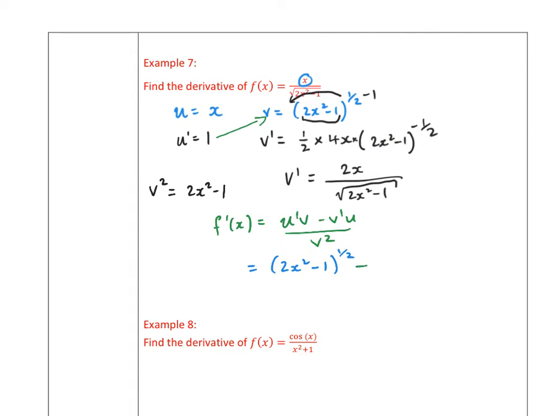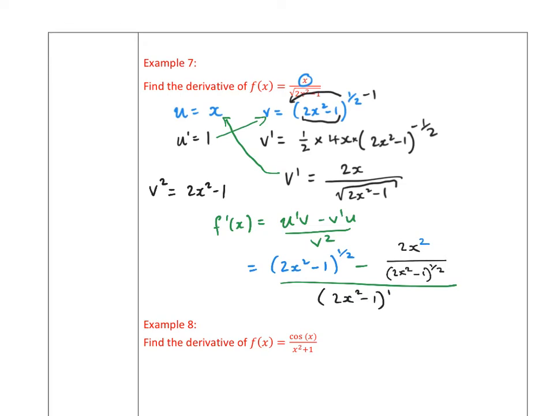Then we're subtracting v dash u, so this fraction times x, so we get 2x squared divided by the square root of 2x squared minus 1. And that's all over 2x squared minus 1. For the purposes of our understanding here, I'm just going to put that in brackets, being to the power of 1.